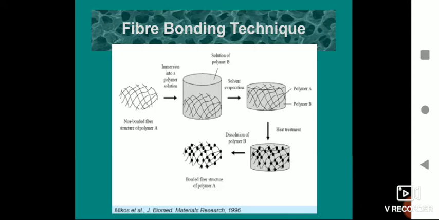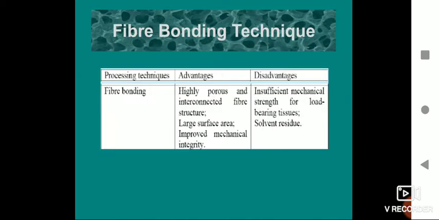By dissolving all the unbound polymer, what is left out is like a sheet-like structure where polymer A and polymer B have bound together, leading to formation of a scaffold which is porous and which is like a sheet-like structure. These are the structures which are used for formation of an artificial skin. So this method is called fiber bonding technique.